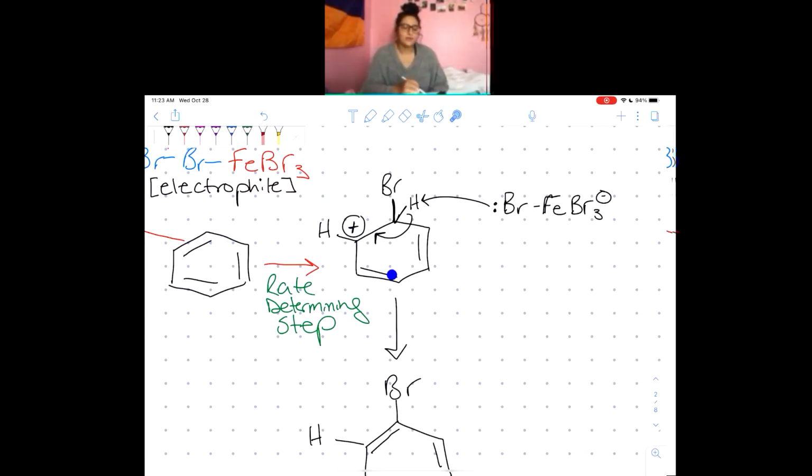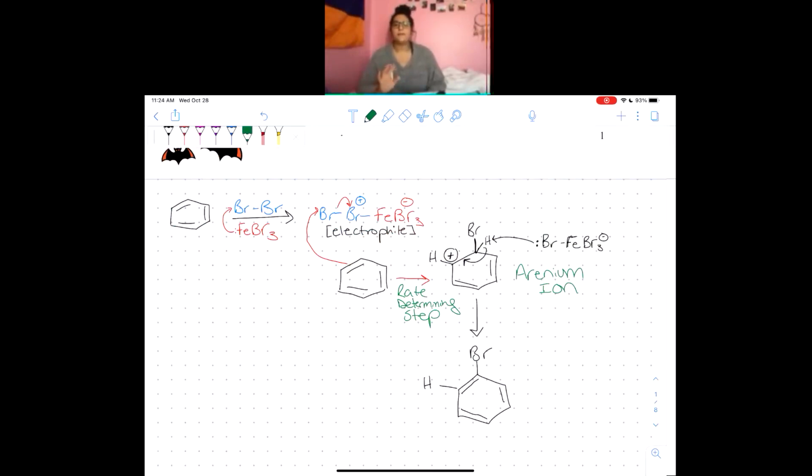And so once we go through the rate determining step, we reach this thing, and this is the arenium ion. And the arenium ion looks different for each reaction that we're going to cover, but it basically has the same form of a plus here and a new group added here.